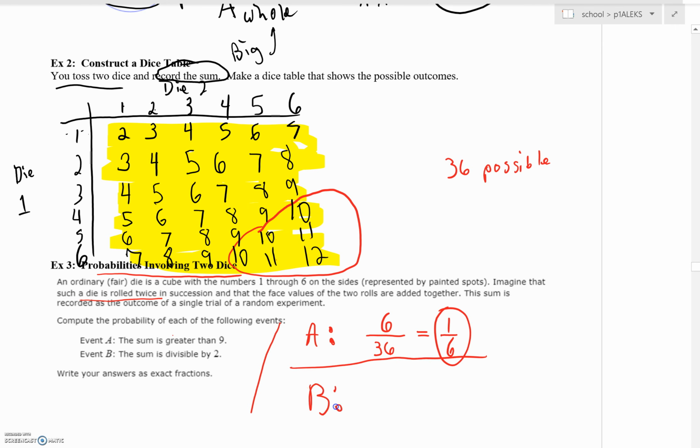Part B is a little more tricky. They're saying find the probability that the sum is divisible by 2. Well, again, I've got 36 possibilities.